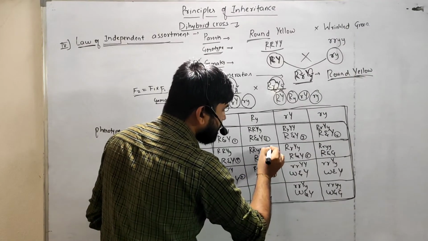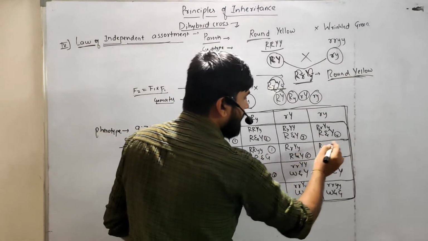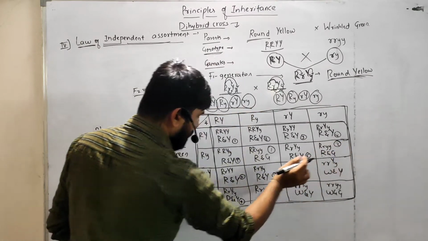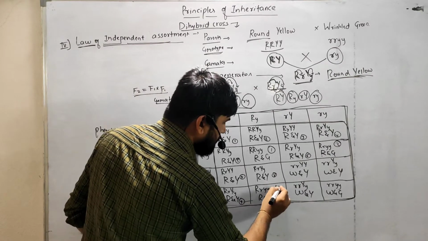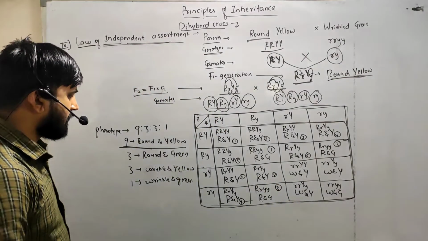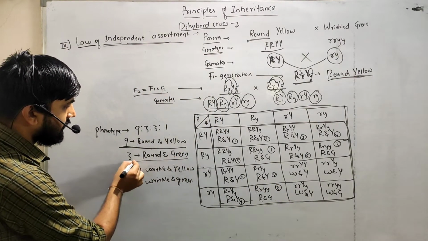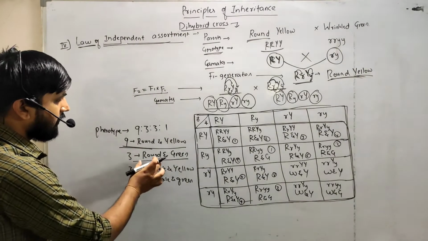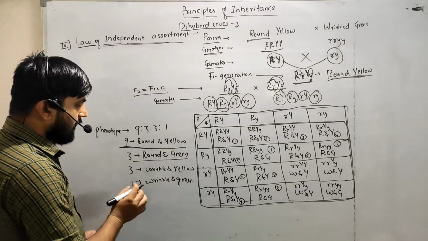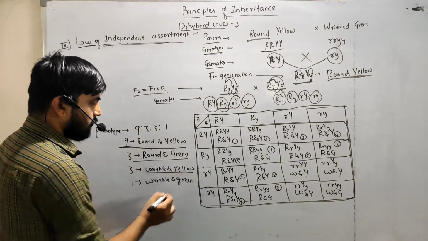So this is 1 round with green cotyledons, this is 2nd, and this is 3rd, right? So round with green cotyledons is the combination, a new variety. And third is wrinkled yellow, right?